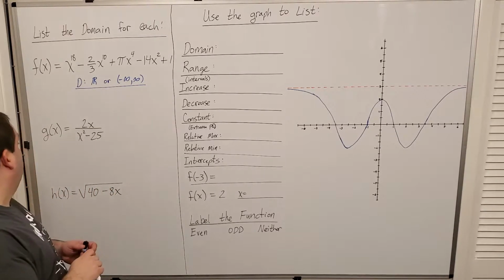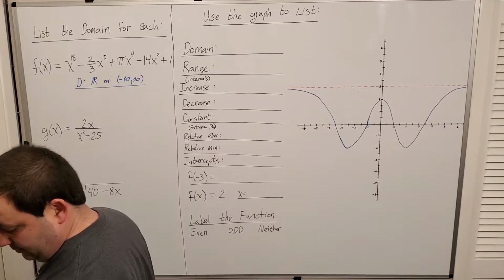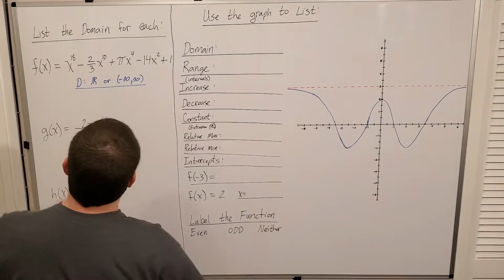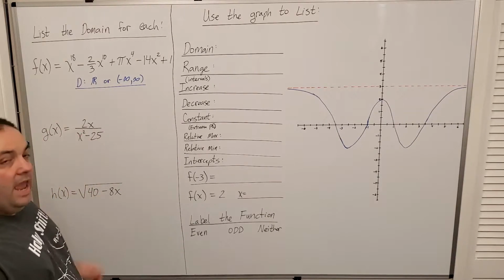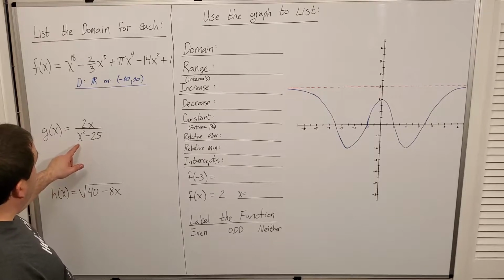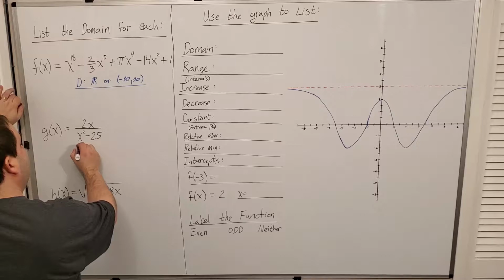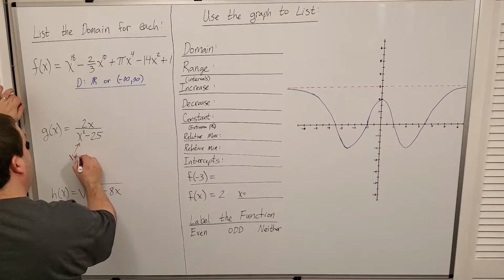Next, I'm looking at this g of x here, and I'm seeing the denominator. The denominator on this one has a variable in it, and that's the big red flag. If I were to plug in either 5 or -5, it would cause a division by 0. So x cannot be plus or minus 5.